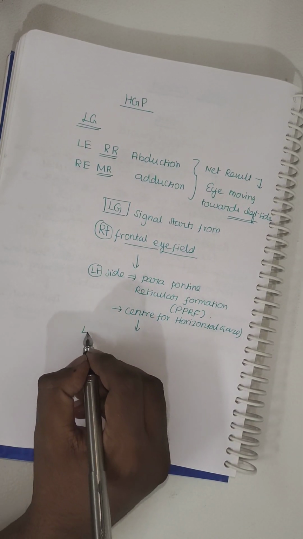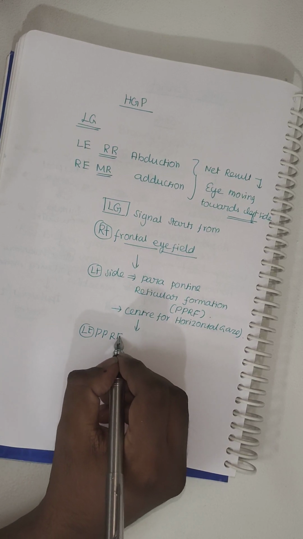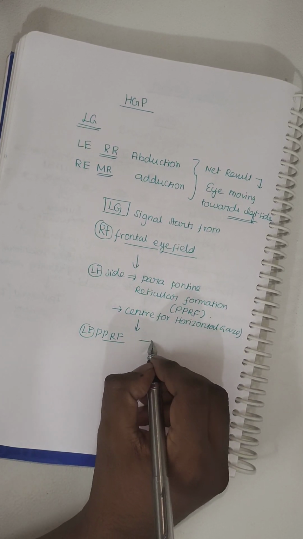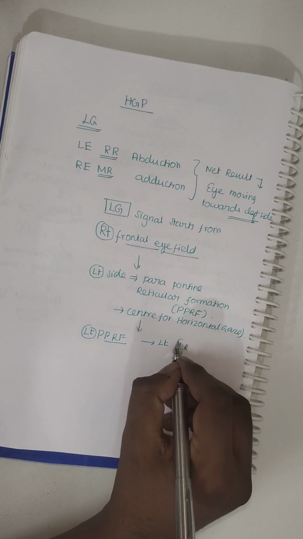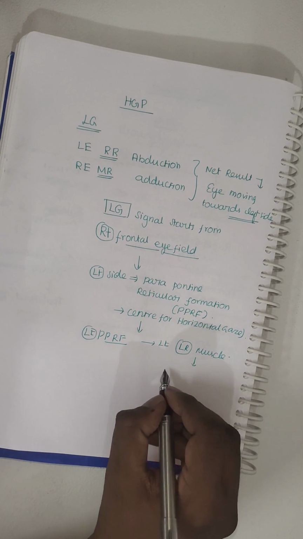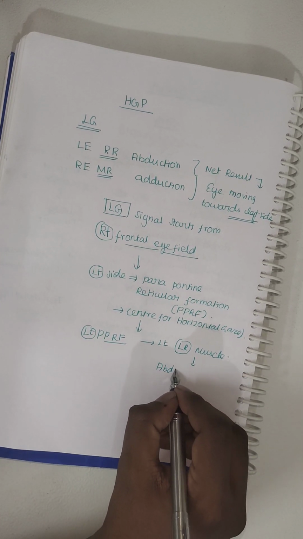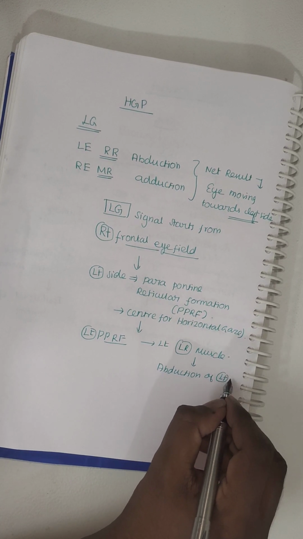From here, the left parapontine reticular formation sends a signal to the left side lateral rectus muscle. This causes abduction of the left eye.